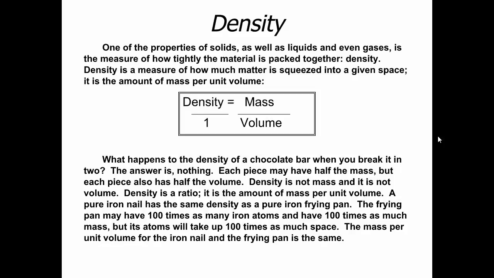Okay. So just to reiterate this, the density of a substance is constant at a given temperature. If I have these two cylinders made of the same material, they would have the same volume and the same mass, therefore their density is what?